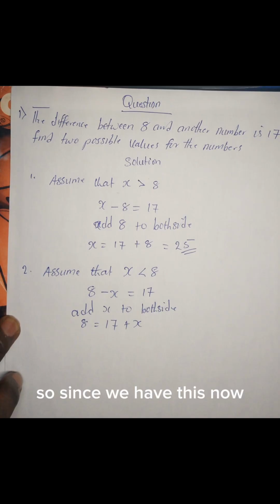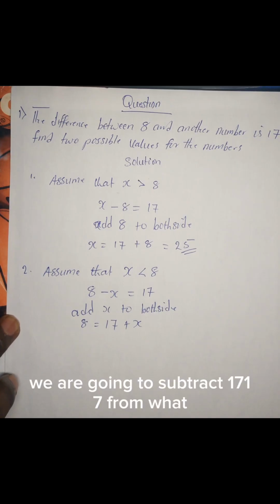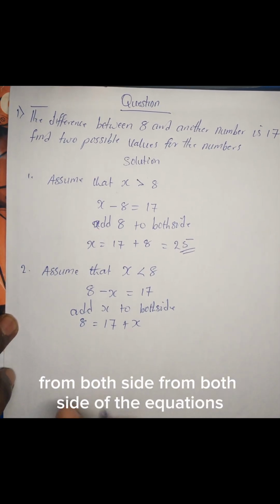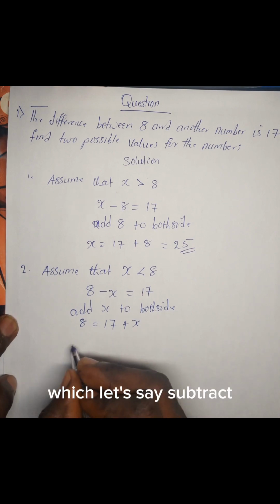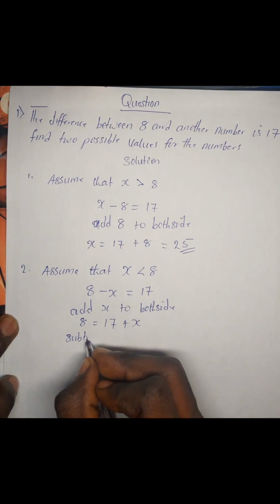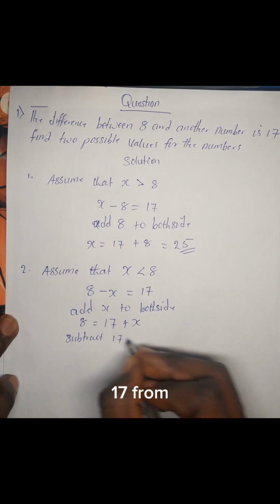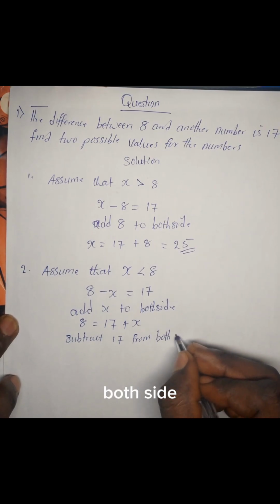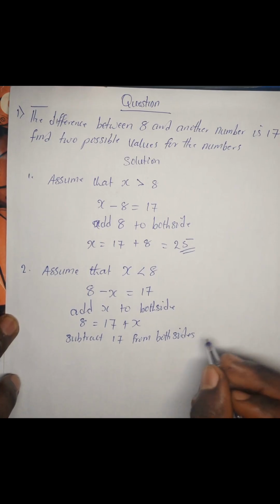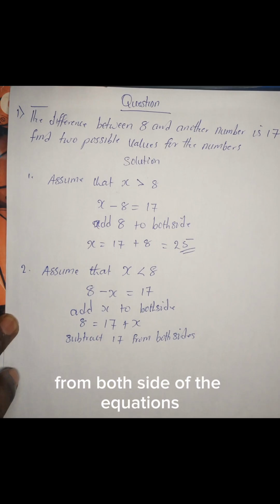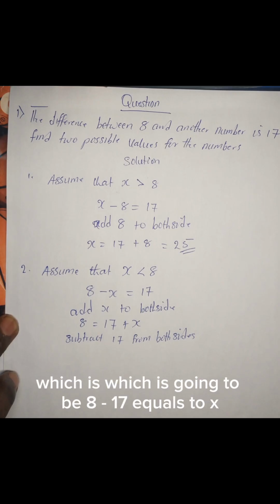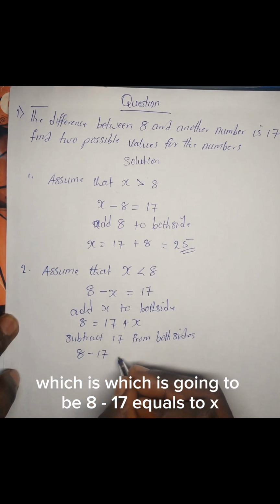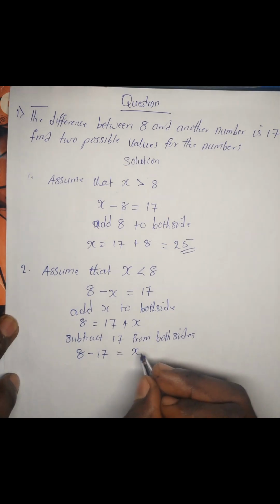Since we have this, now we are going to subtract 17 from both sides of the equation, which is going to be 8 minus 17 equals x.